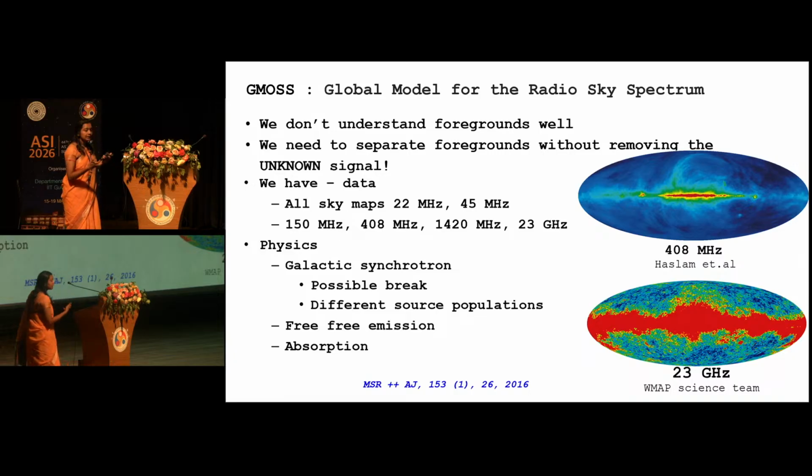So we describe our model with a handful of parameters, including synchrotron emission with the possibility of a spectral break or multiple source populations. We put in free-free emission, absorption, and while this serves for this experiment as a very nice model of the foregrounds to the cosmological signal, this has been a workhorse for us in terms of also trying to understand processes of the ISM itself.